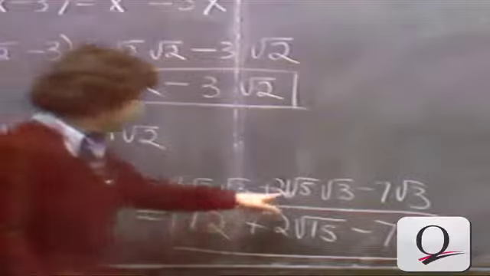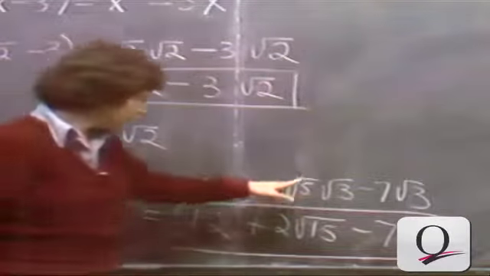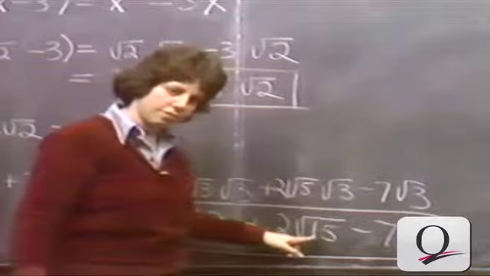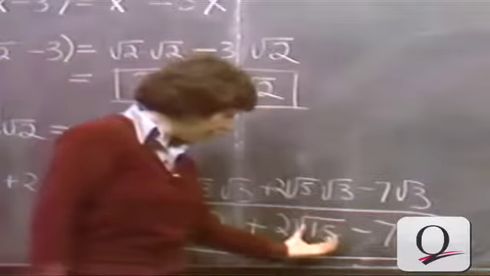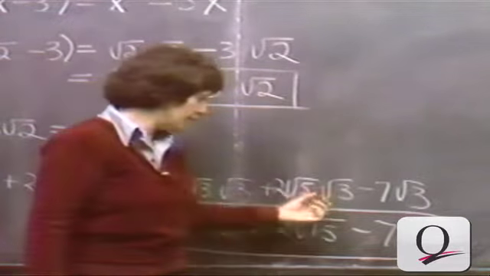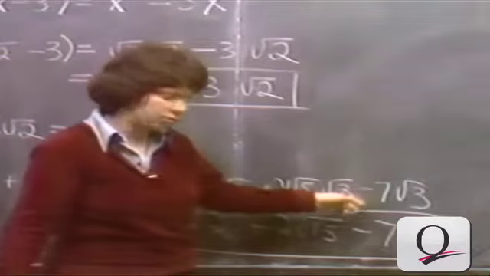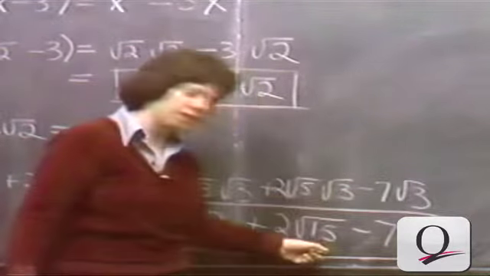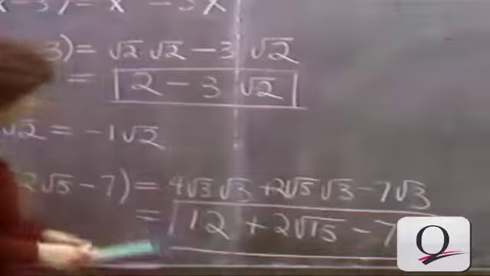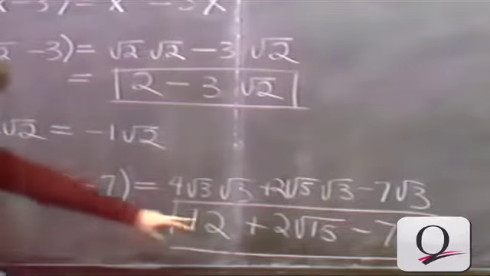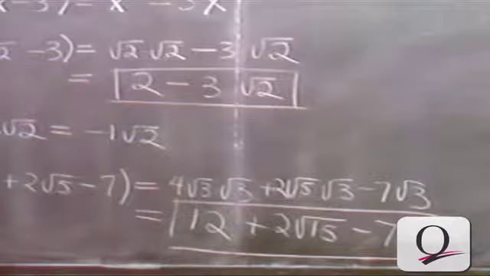I got the square root of 15. If you remember, the square root of 5 times the square root of 3 is the square root of 15. The square root of a product is equal to the product of the square roots of the factors, and we might use that to say the square root of 15 is the square root of 5 times the square root of 3, but if we have this, we can also go back the other way. And here we have the answer, 12 plus 2 times the square root of 15 minus 7 times the square root of 3.